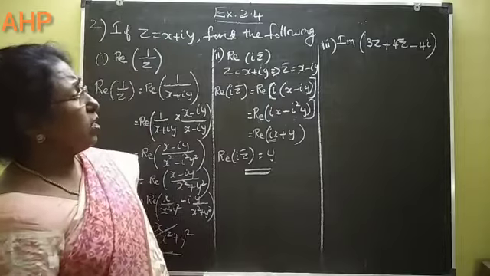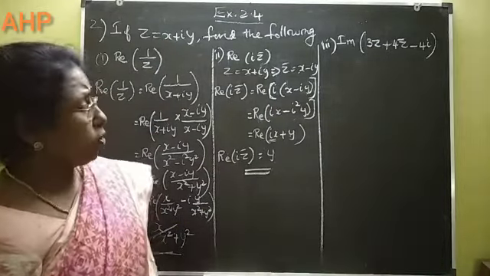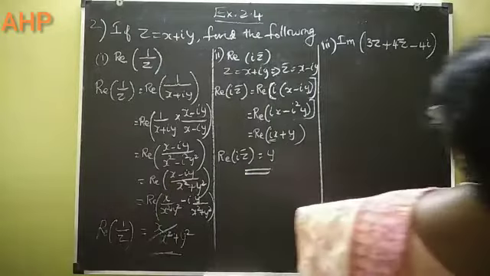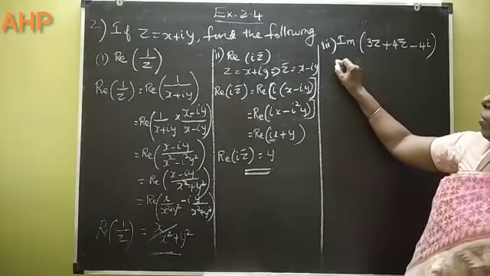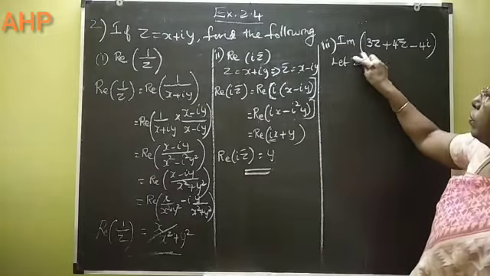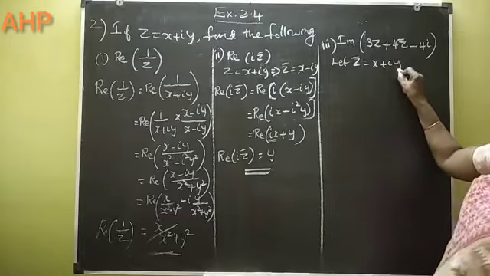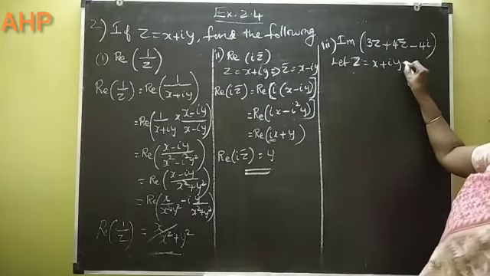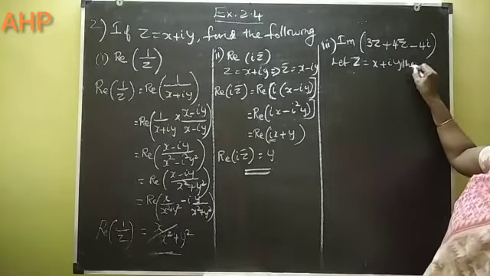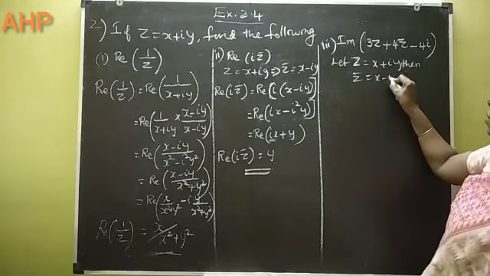In the third question, we are asked to find out the imaginary part of the given expression. So, here again we are going to substitute, let z is equal to x + iy, then z bar is equal to x - iy.